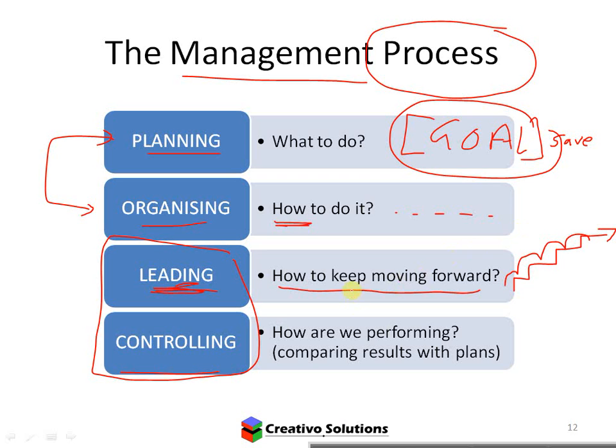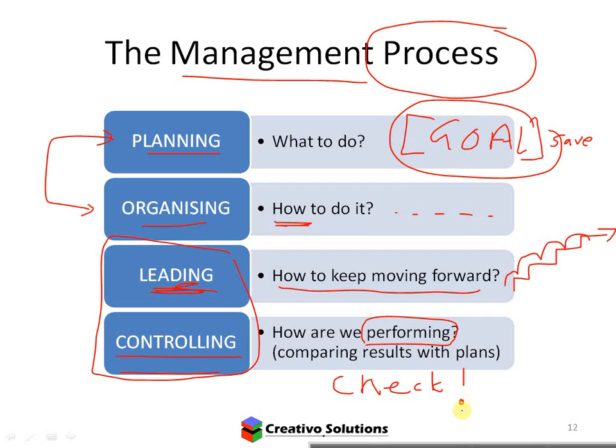And then controlling is key. If you're not monitoring what you're doing, so performance. So you've done something. You've got a goal. You know how to achieve it, and you know that it's going to take steps. This is looking at the evaluation, or the check. At some point in time, you need to check.